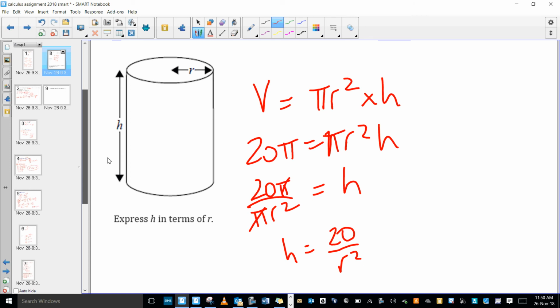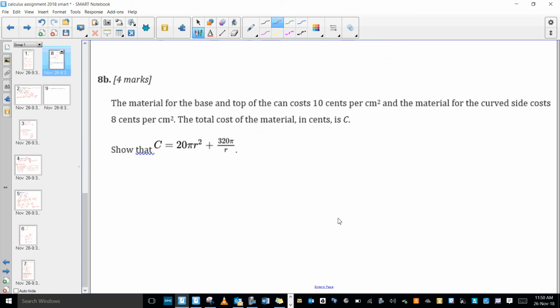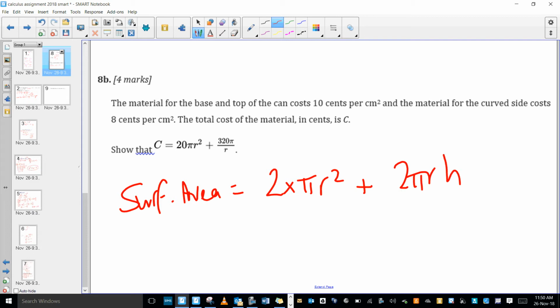So the surface area is going to be the area of the two circles, so you've got two circles, that's 2 lots of pi r squared, plus the curved surface area, which is 2 pi r h. Again, that curved surface area is from the formula booklet.